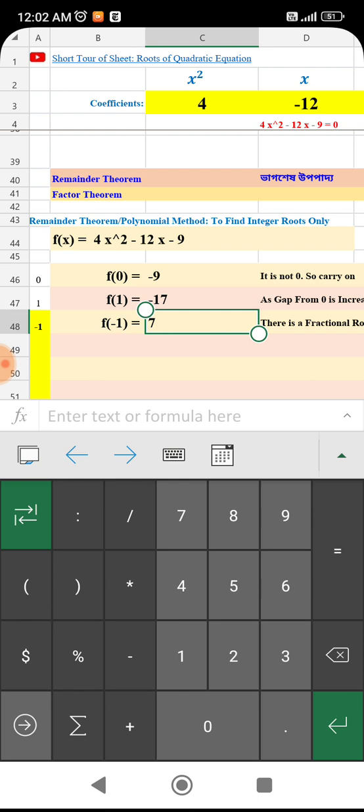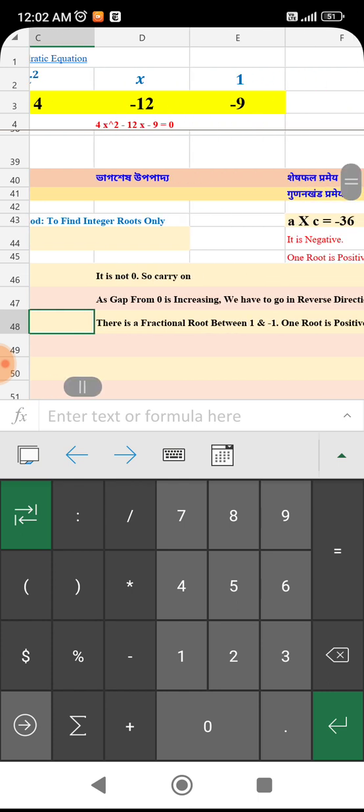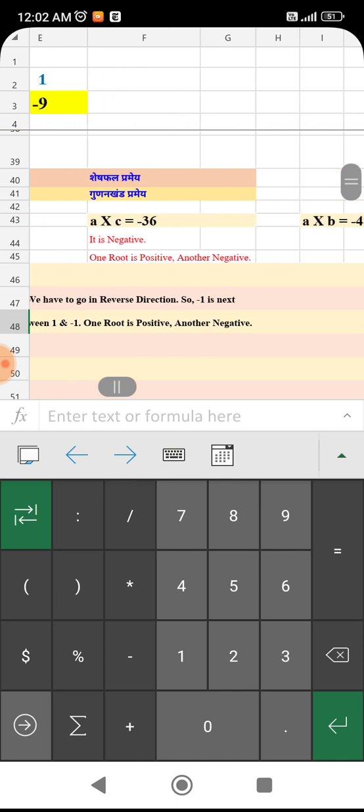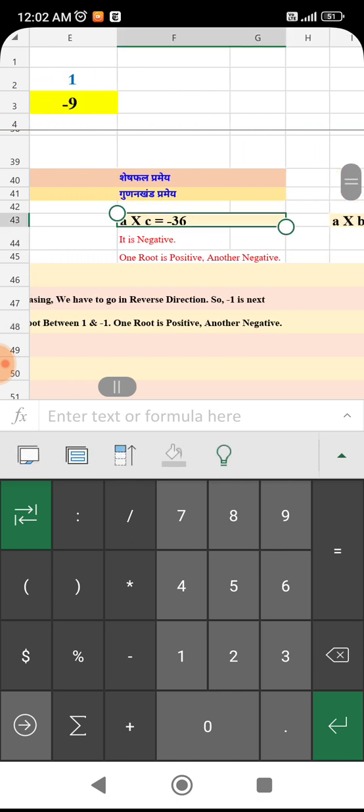So what do we have to do next? We have to go through the basic method. First, we have to multiply a and c. If we multiply a and c, we get a negative number.